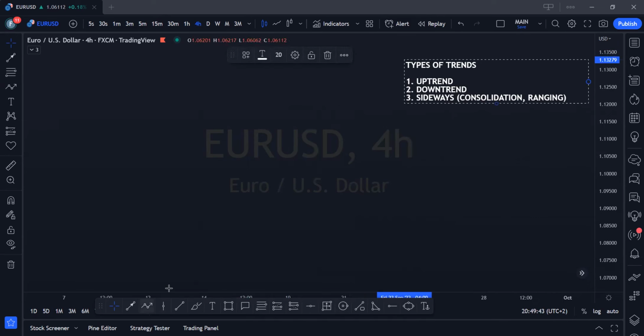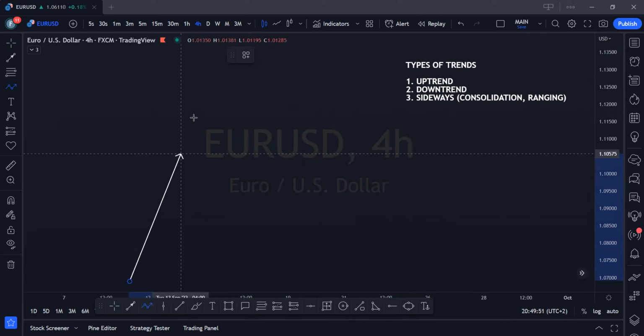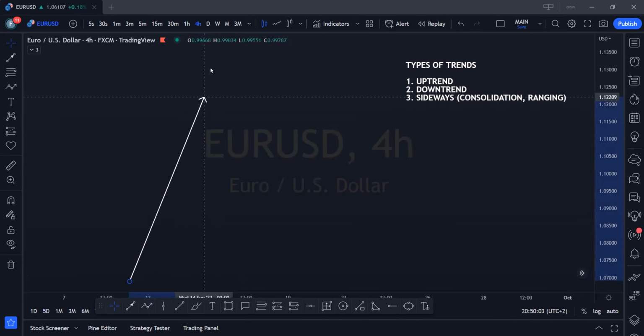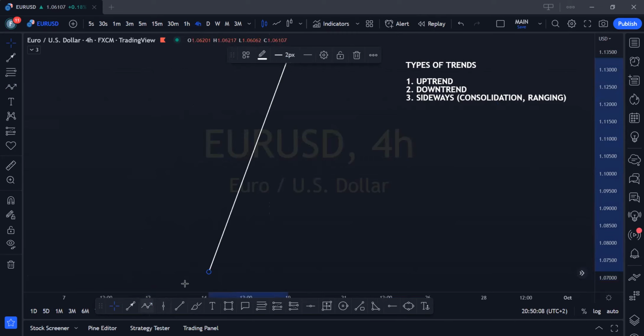So let's start with uptrend. How do you know that price is in an uptrend? An uptrend is when you can see bullish candles going up, right? Price is going up, right? But this is not the way price is going to be displayed in the market. Price does not move in a straight line like this. All right, so this movement will look like this.